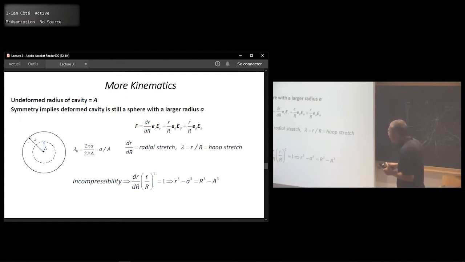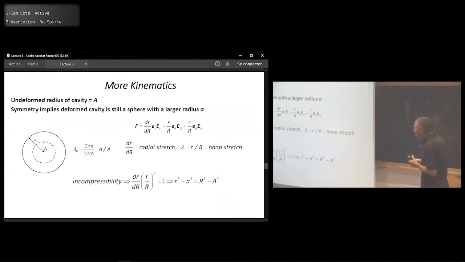The stretch ratio, r over R, is basically the ratio of a over A, that is the ratio of the circumference. Because this circle in the beginning has circumference 2 pi capital A, and later this circle has expanded to 2 pi a. Or you can do it with the area. So either way, this is the line stretch in the hoop direction.